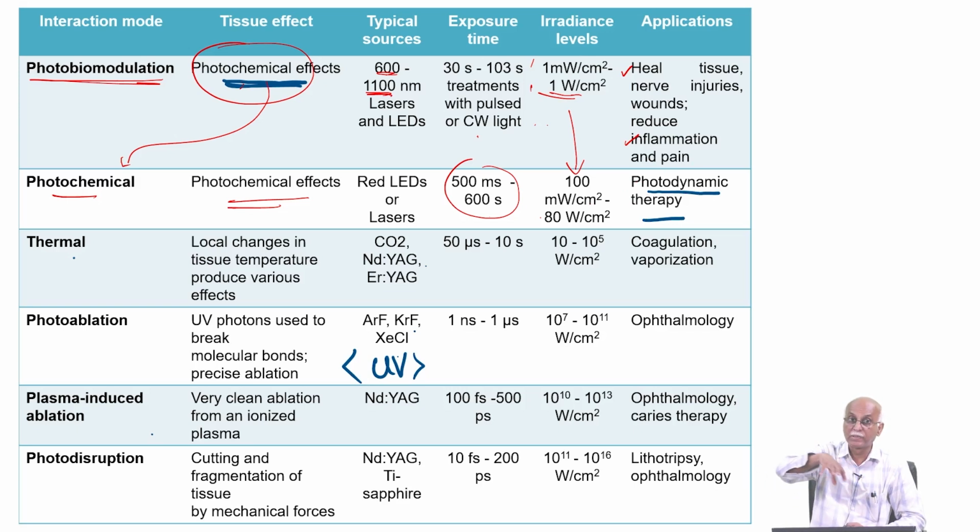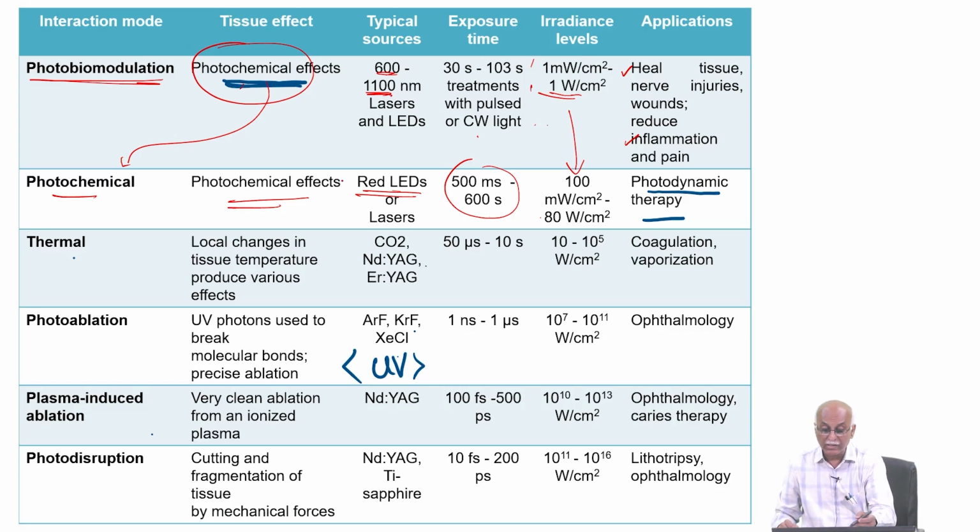Let us say there are some cancerous cells. We can introduce a drug which attaches to the cancerous cells, and this red laser will interact with those cells to produce certain chemicals, which in turn disintegrate those cell structures.